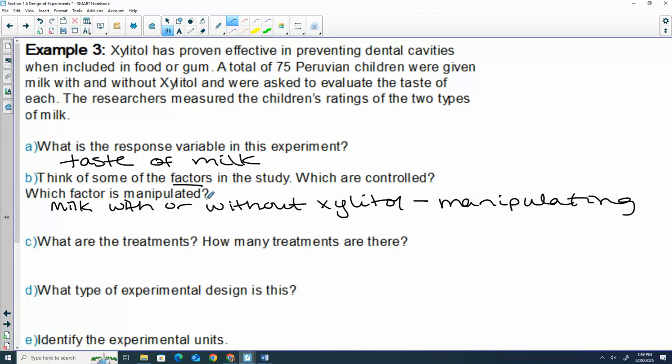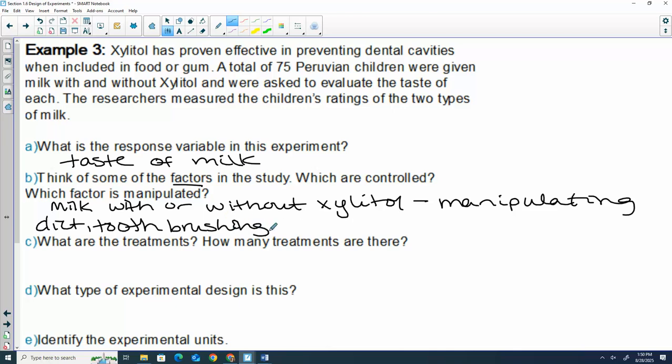Other factors that we need to consider, what could that be? Diet. Yep, diet, toothbrushing.